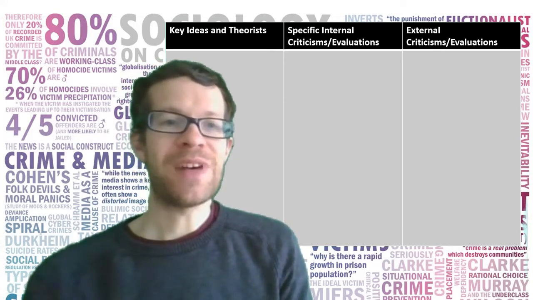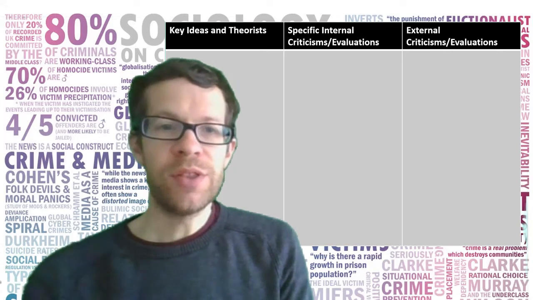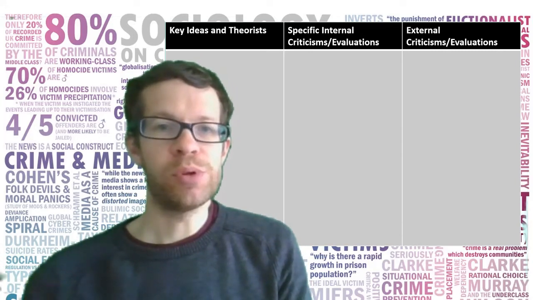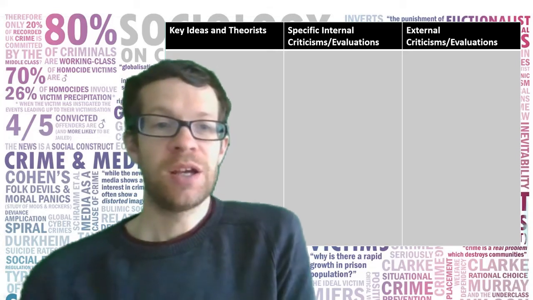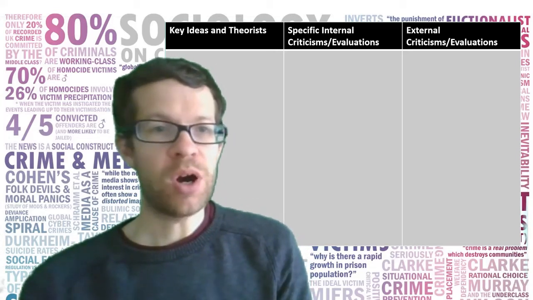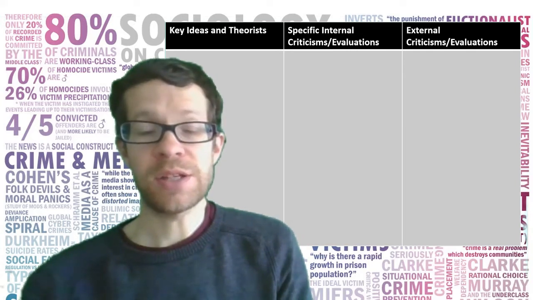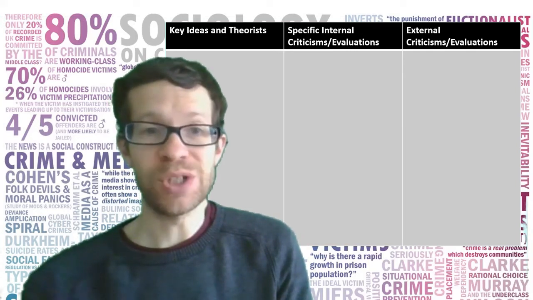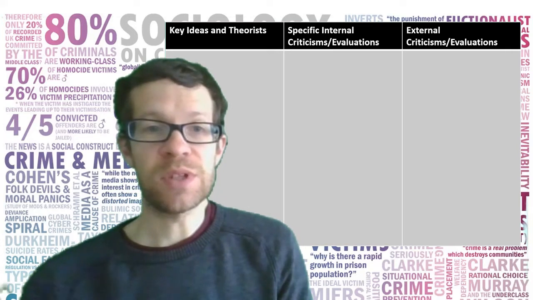So by developing this evaluative table for each of the theories, you are in effect producing a little mini plan for a 10-mark or an essay 30-mark question that you might do in relation to any of these theories of crime and deviance.